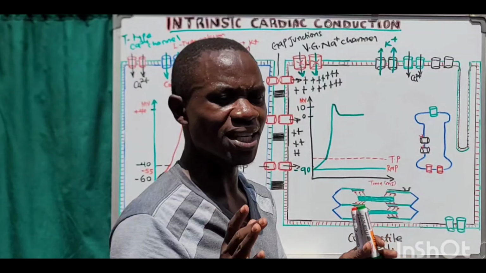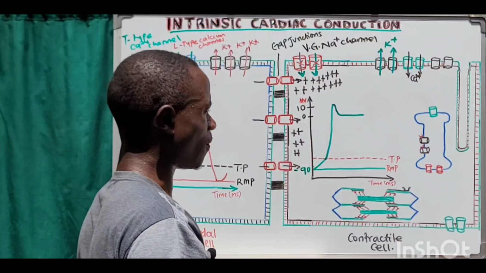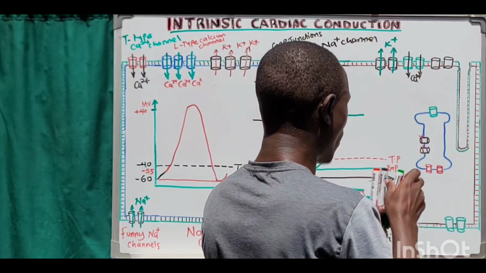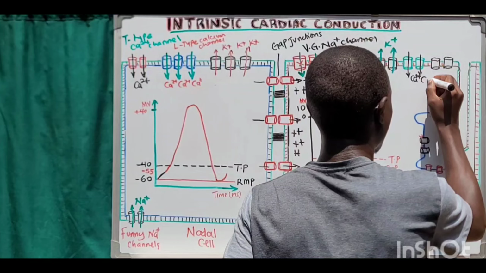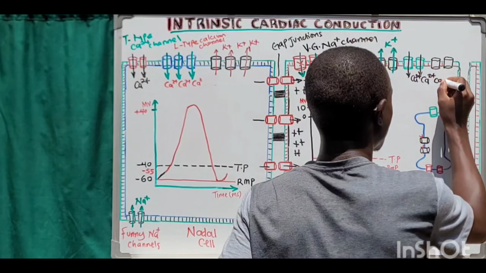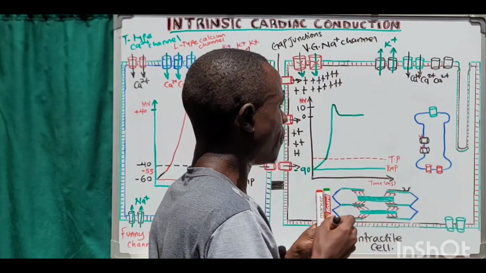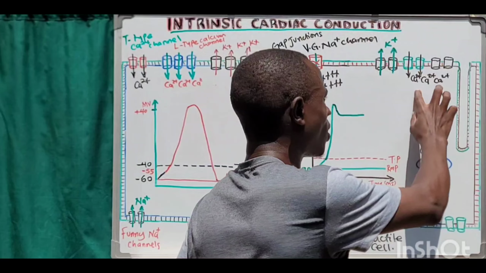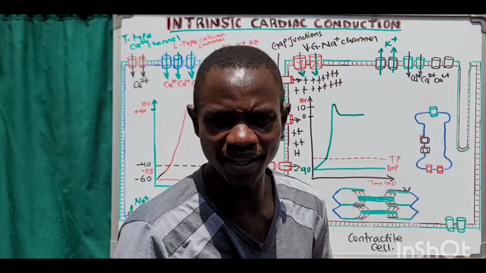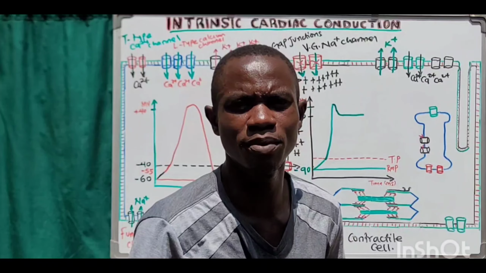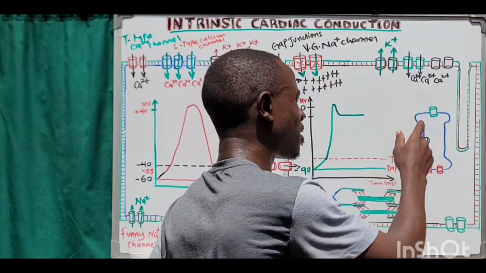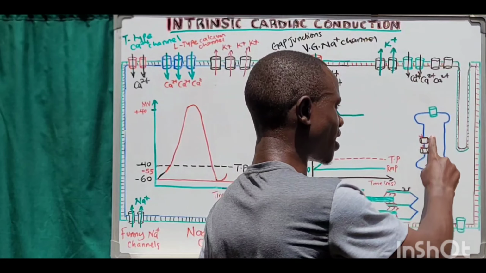It is also such another beautiful thing. Now, we are having a lot of calcium ions. Because of this, something very beautiful is going to be happening. You see this structure here?